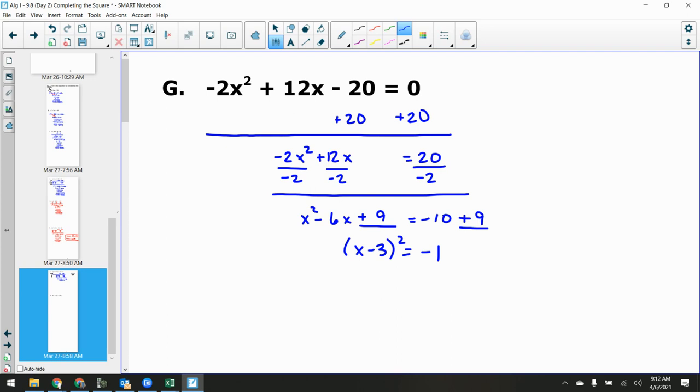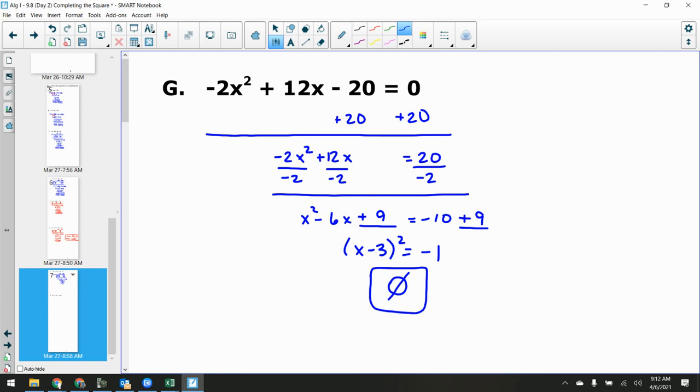What would you do next? Square root what? The 1? Can you square root a negative number? No. You cannot square root a negative number. There are no solutions to that. Because at that point, you're going to have to square root a negative number, and you cannot do that.